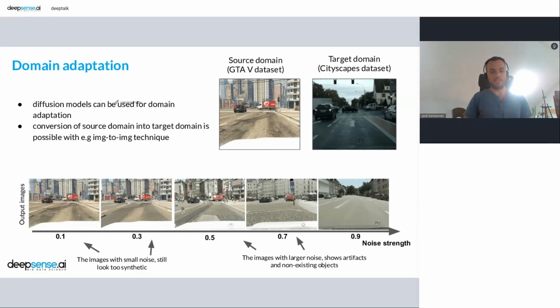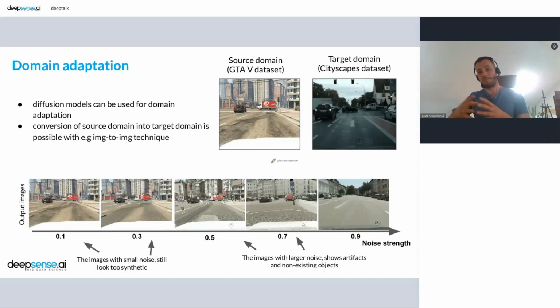Let's go to domain adaptation, and here we can also try to use the image-to-image technique, which I described before. But there is a problem with this method, because if we add very, very soft noise, then the image changes very slightly, and the difference will almost not be visible.